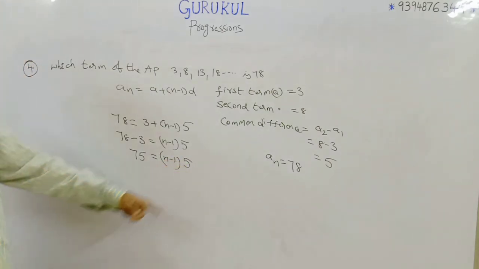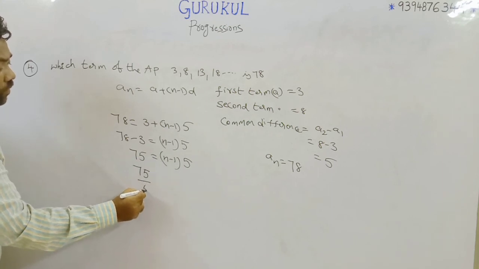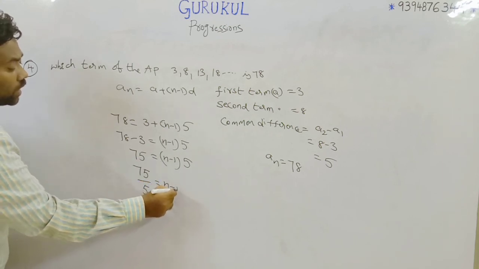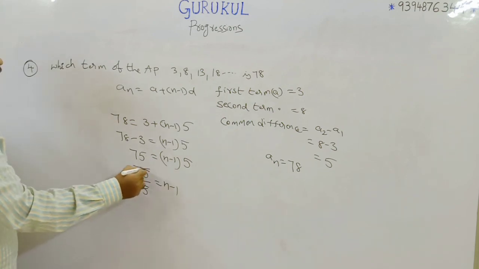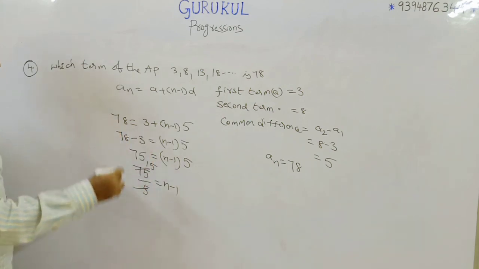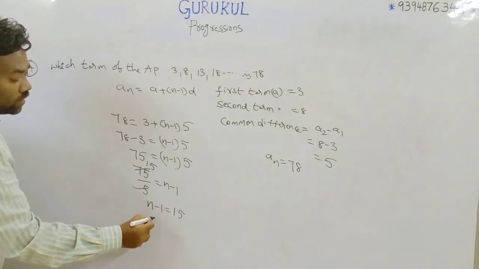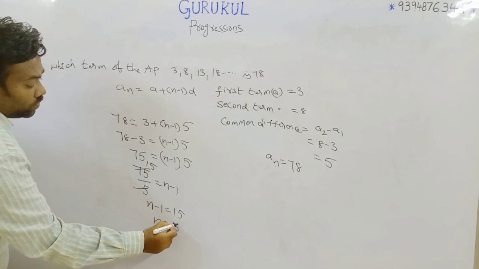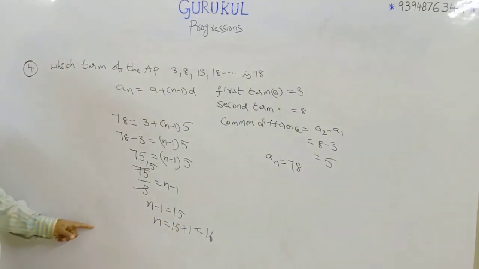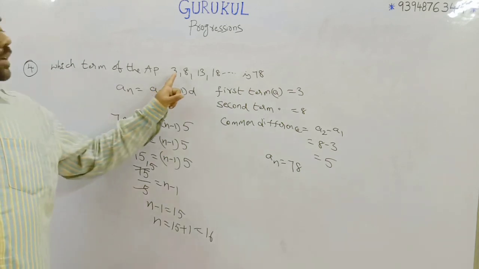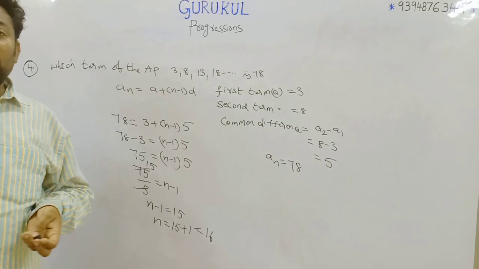Here multiplication, left side comes to division: 75 by 5 equal to n minus 1. 75 by 5, 15. So n minus 1 equal to 15, n equal to 15 plus 1 equal to 16. So 16th term of given AP is 78. So fourth problem is completed.